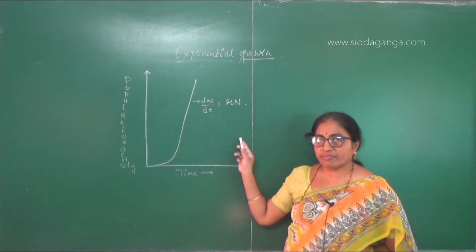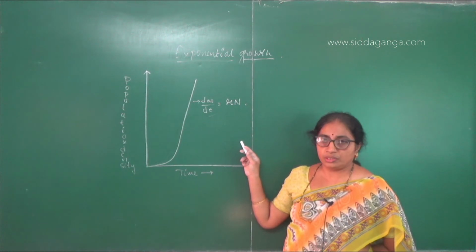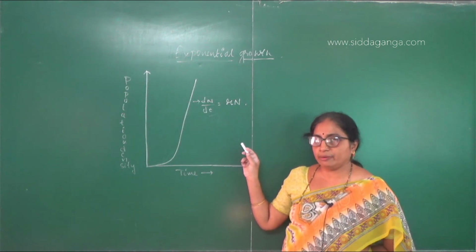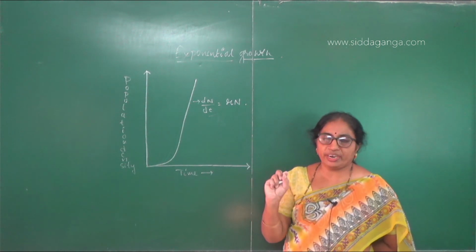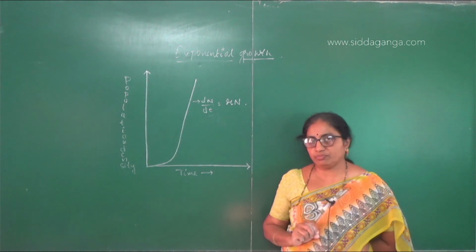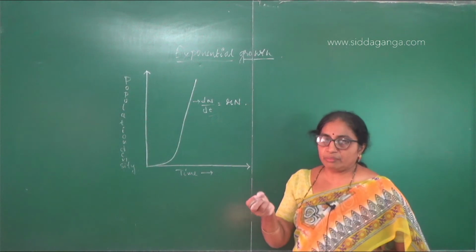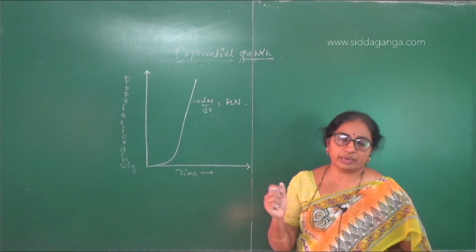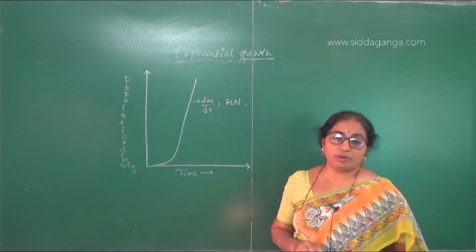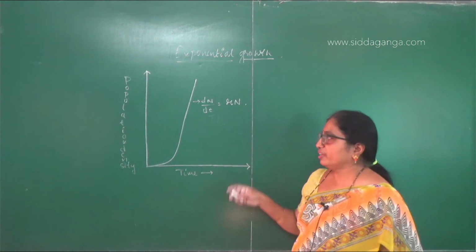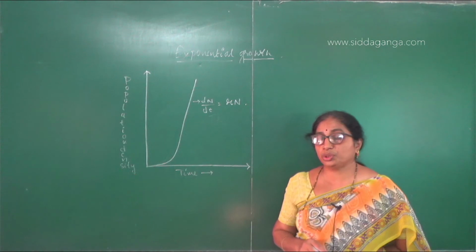And I had given the R values: for Norway rat it is about 0.015, and for flour beetle, the small organism, the beetle, you find in rice grains and flour, so that is called the flour beetle. Its R value is about 0.012, and for the human population the R value is about 0.0205.